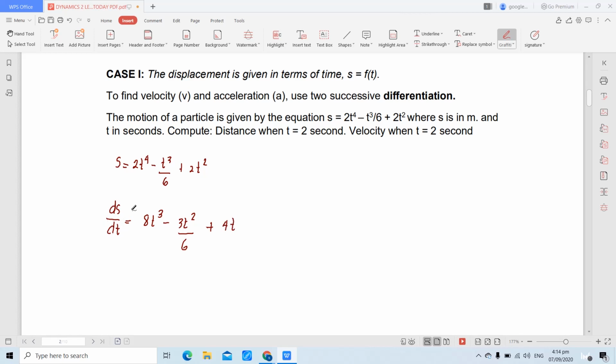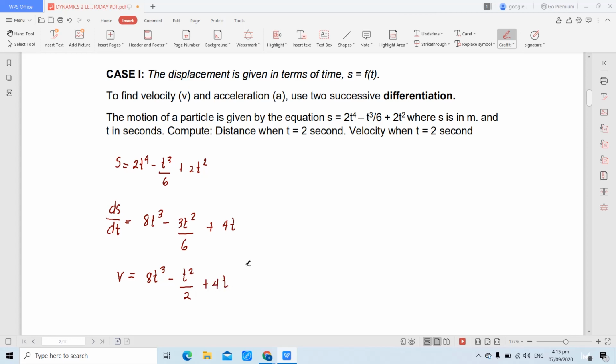But ds over dt is a kinematic differential equation, and that is equivalent to velocity. So velocity is equal to 8t^3, and simplifying, that becomes minus t^2/2 plus 4t.